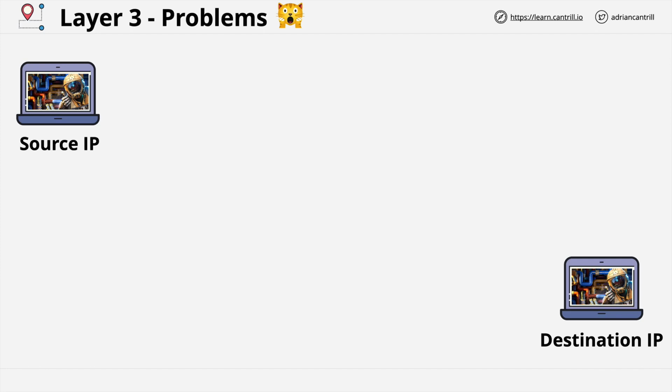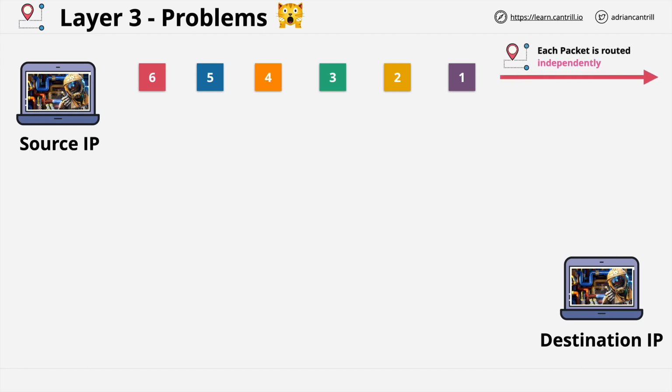Let's say that using layer 3, the source laptop on the top generates 6 IP packets, and these are all destined for the destination laptop at the bottom right. The important thing to understand about layer 3 in this context is that each packet is a separate and isolated thing, and it's routed independently over the internet.